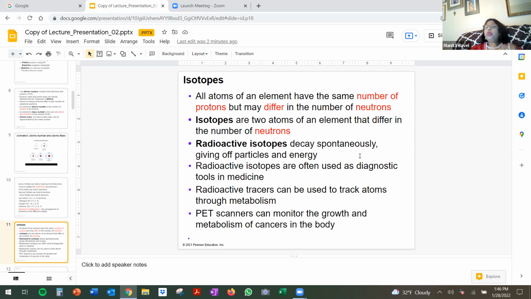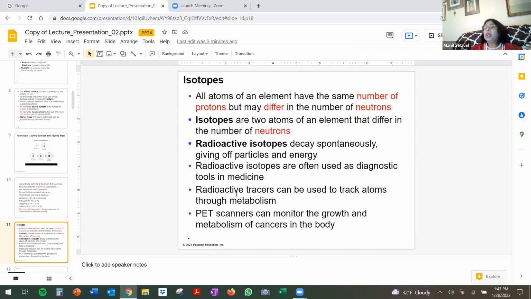Where do we use radioactive isotopes? We use them as diagnostic tools in medicine. Today, we use a lot of radioactive isotopes. The radioactive tracers are being used to track all the atoms through the metabolic processes. And what's metabolism?